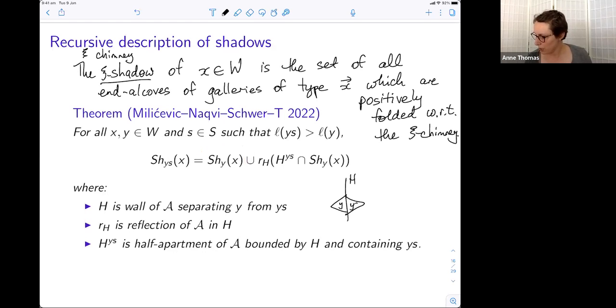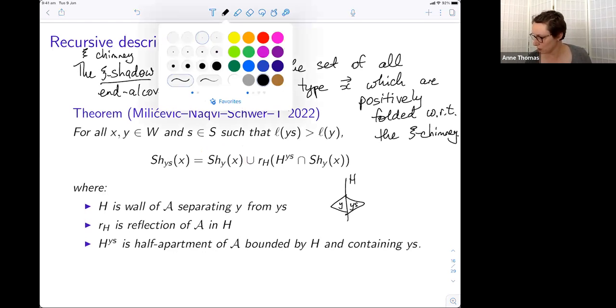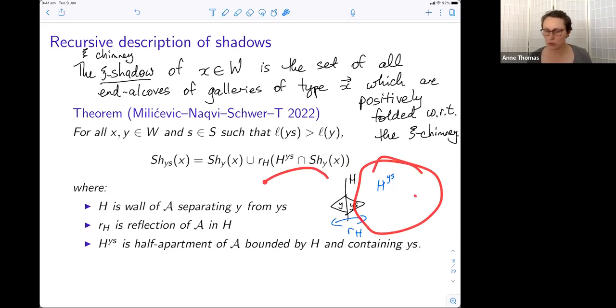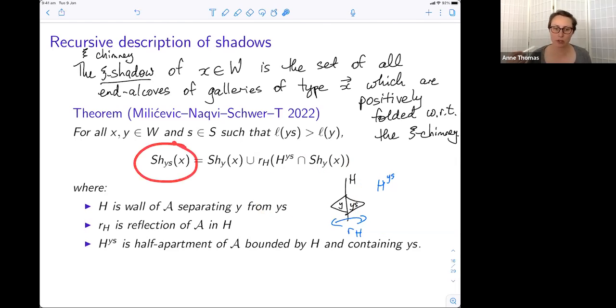You have RH is the reflection across that wall, and then HYS is this half here. So you have your shadow from the previous step, intersect HYS, so that's some stuff out here, you reflect it back, and now that's giving you the new shadow. Okay, so it's a way to recursively compute shadows.